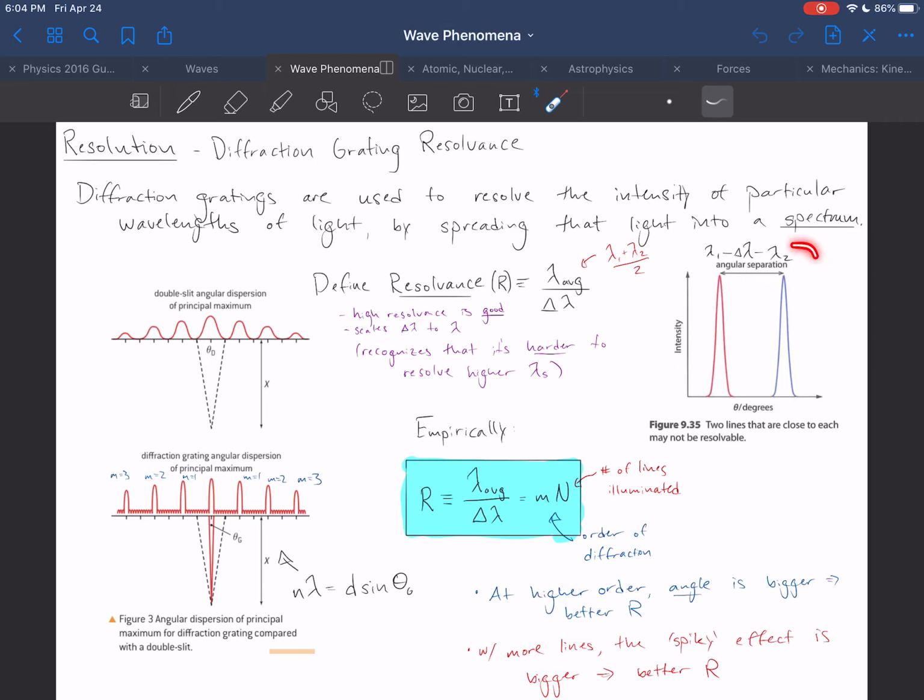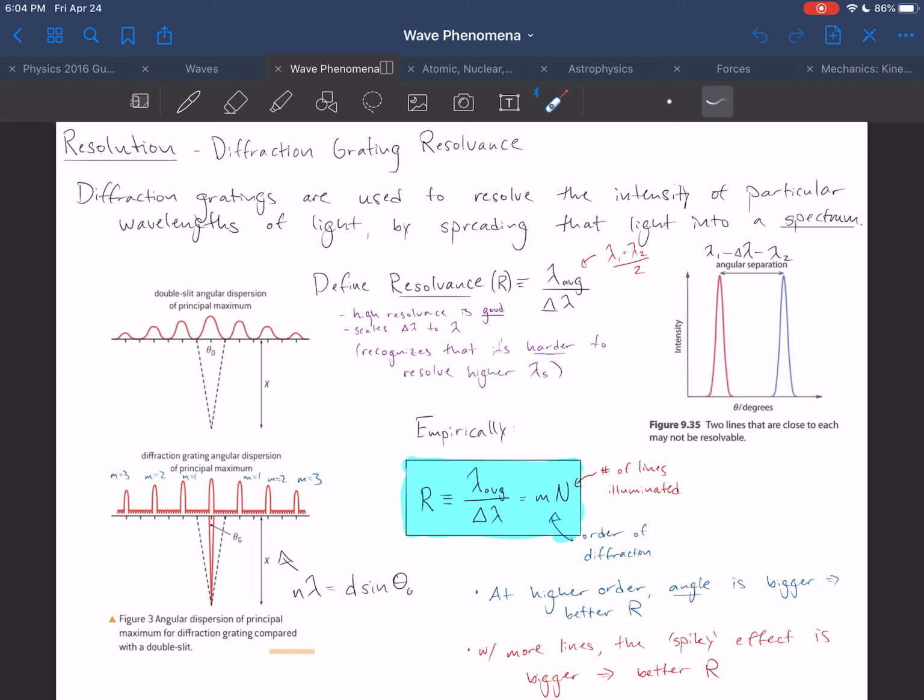In this diagram, they're clearly far enough apart, but it's not at all obvious that red light and orange light, for example, would be far enough apart to resolve, to tell the difference between them.